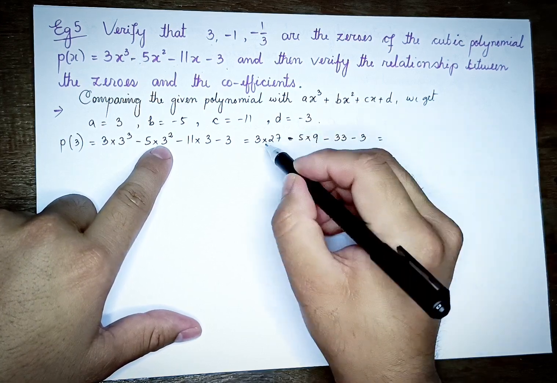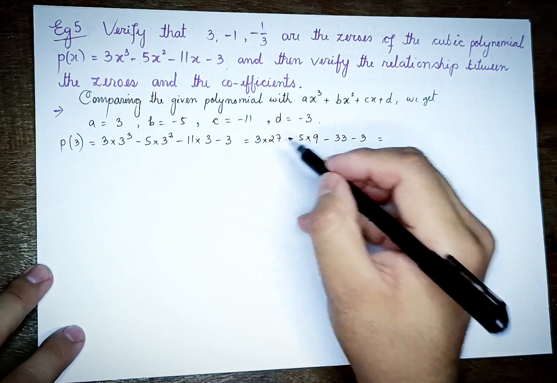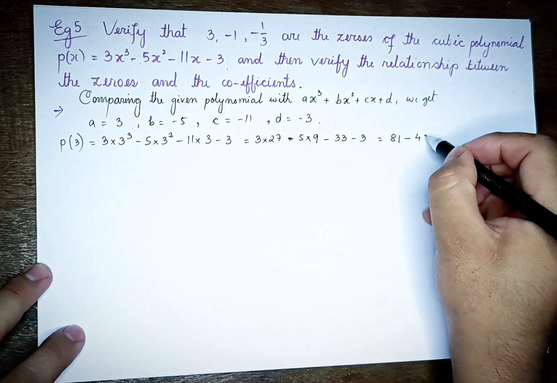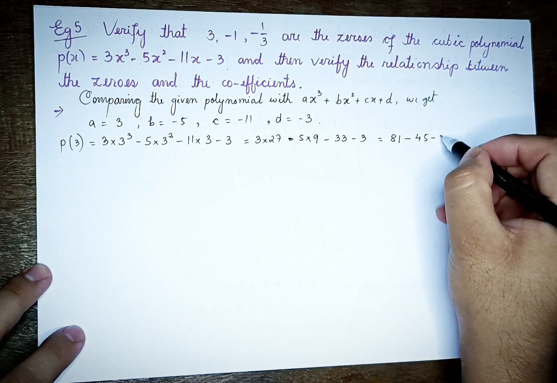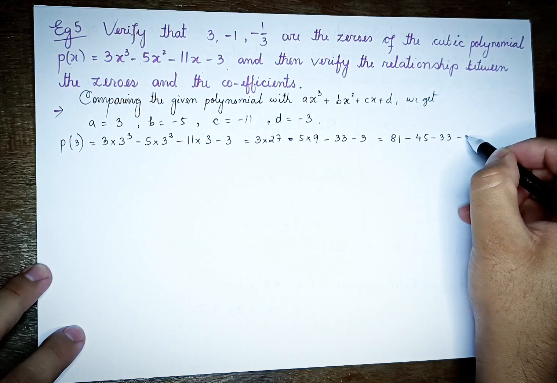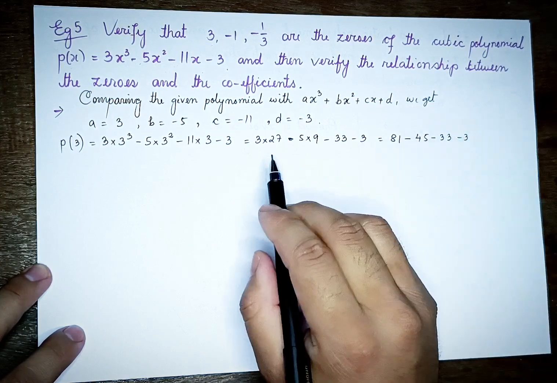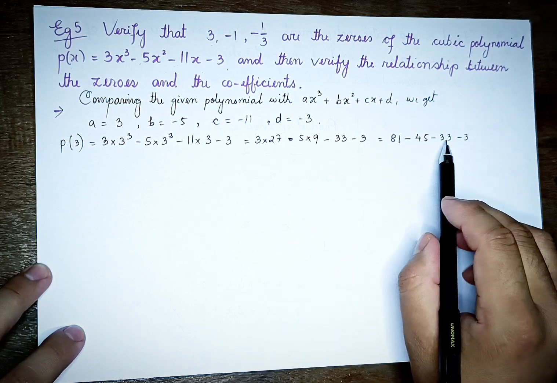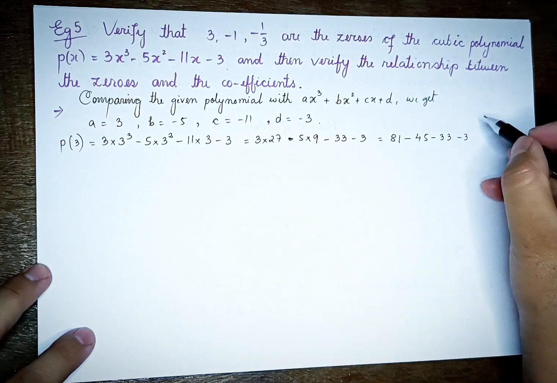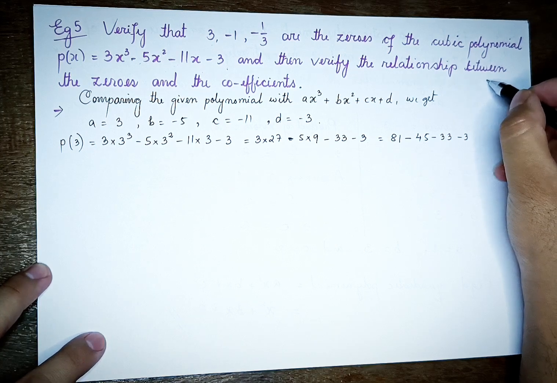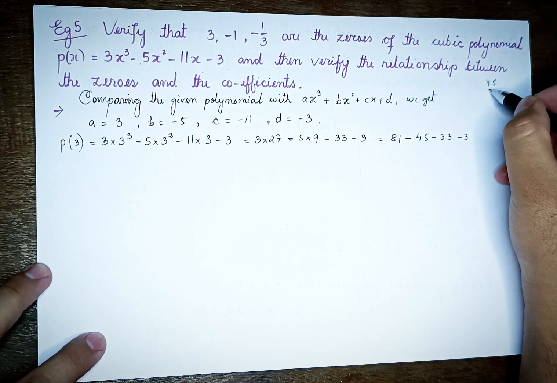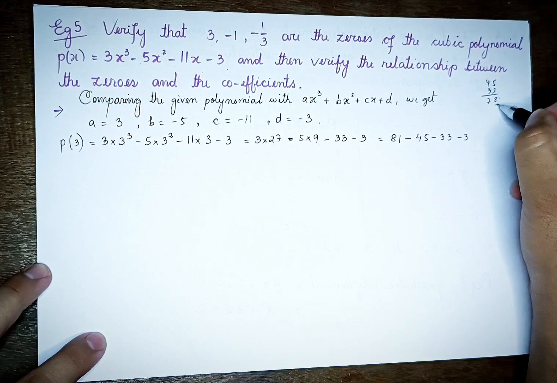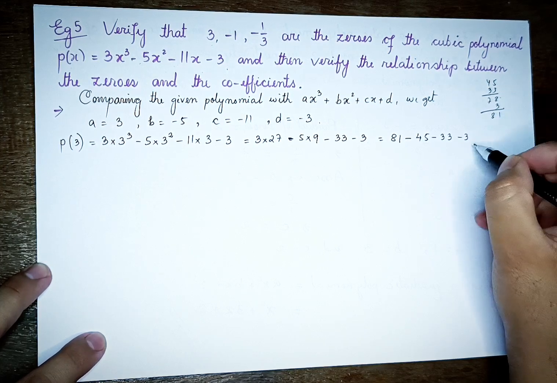So 27 into 3 gives 81, minus 5 nines are 45, minus 33, minus 3. Adding 45, 33 and 3, we get 81.